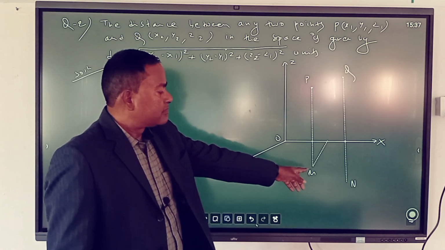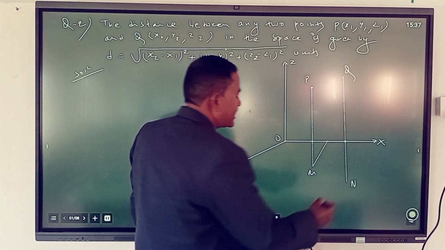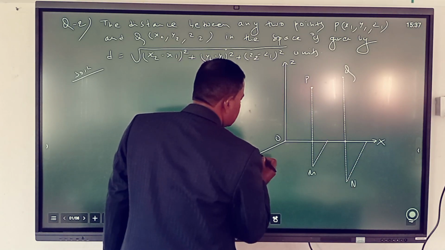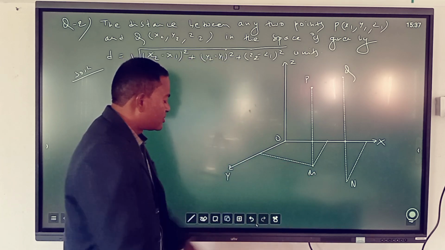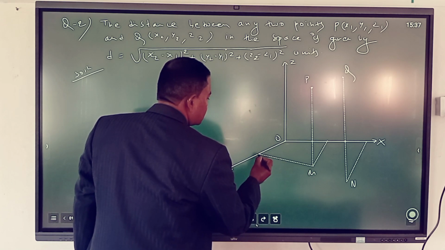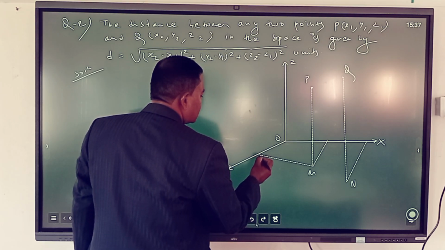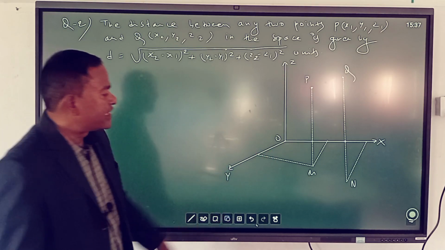Dear student, from the point M and from the point N, let us draw perpendiculars to the x-axis. And again from the point M, we draw a perpendicular to the y-axis.